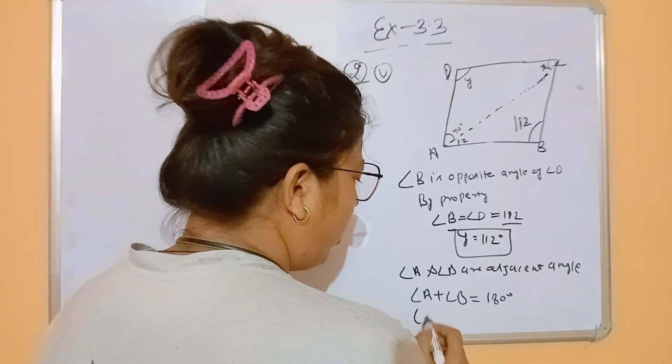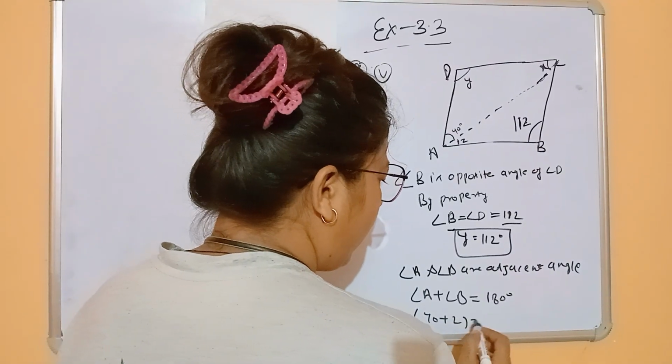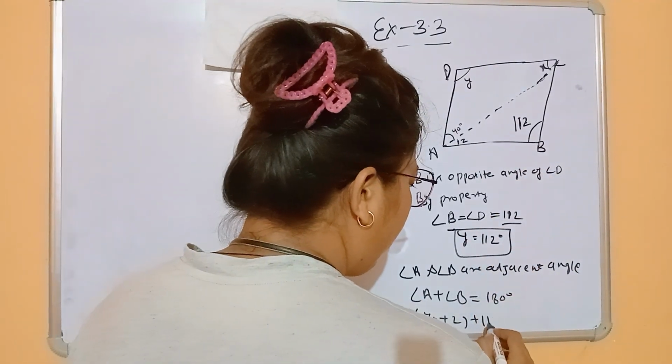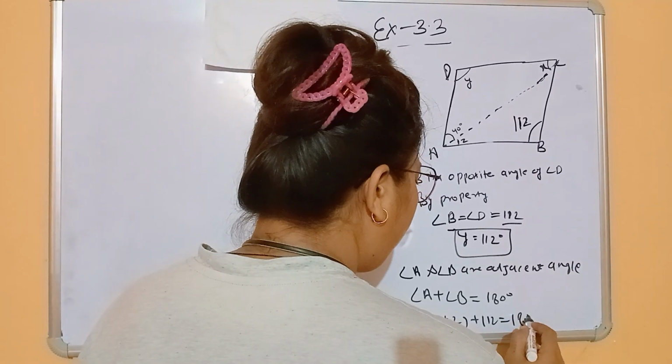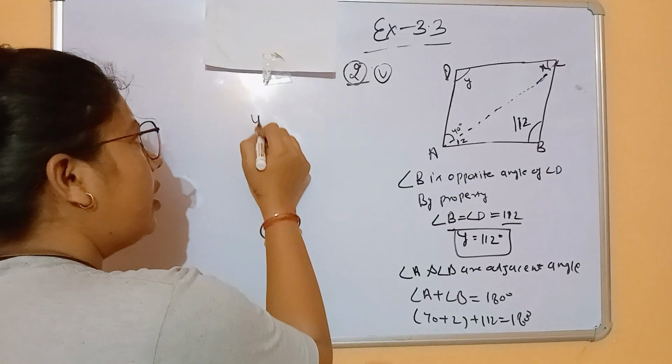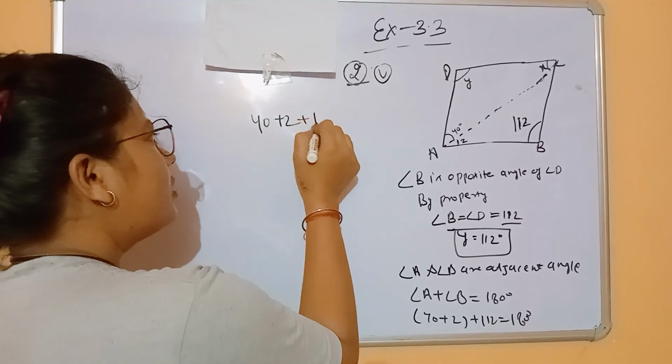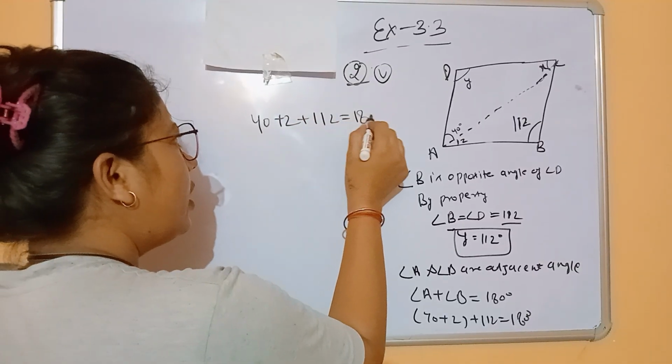Angle A is given as 40 plus Z, and angle B is 112. From here we find Z: 40 plus Z plus 112 is equal to 180 degrees.